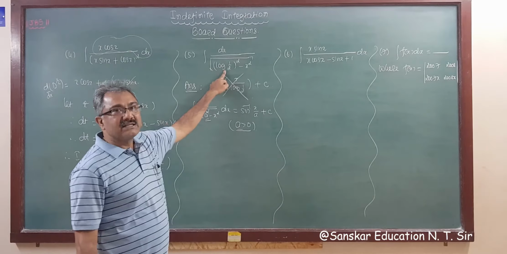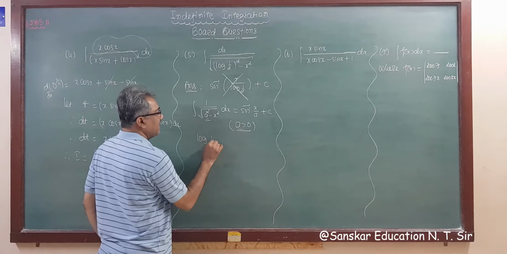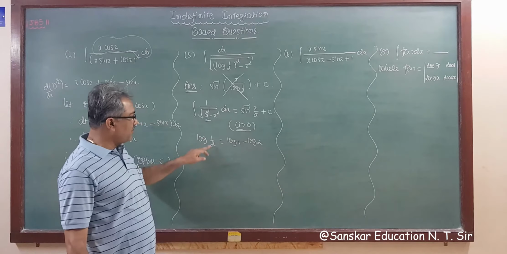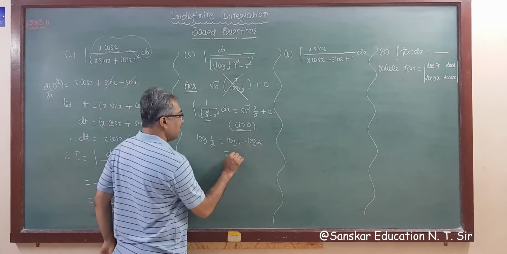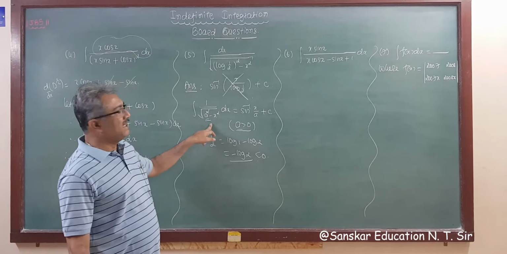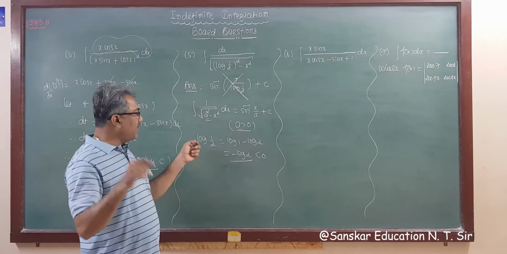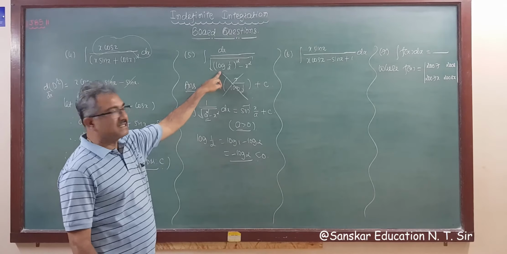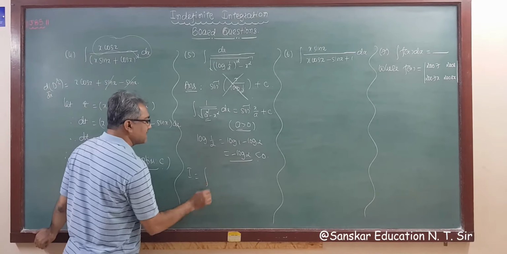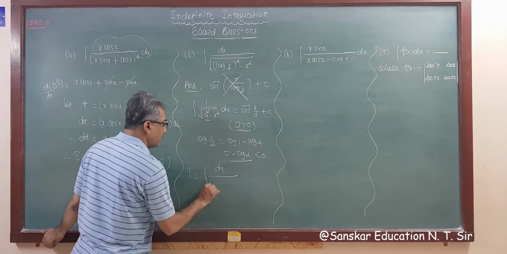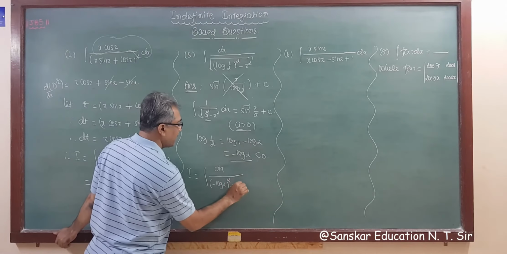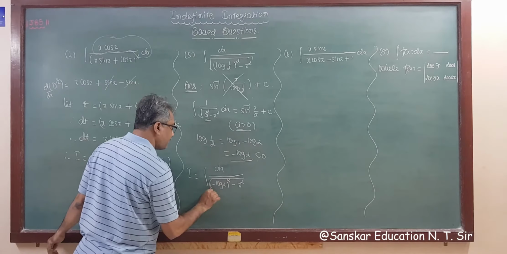So here a is log half, and log half is log 1 minus log 2, applying the log rule: log a upon b is log a minus log b. So this is minus log 2, that is less than 0. So that's why this formula is not applicable here. So you have to write minus log 2 instead of this, and minus log 2 whole square is plus log 2 square. So I will be integration dx upon square root of log 2 square minus x square, right?